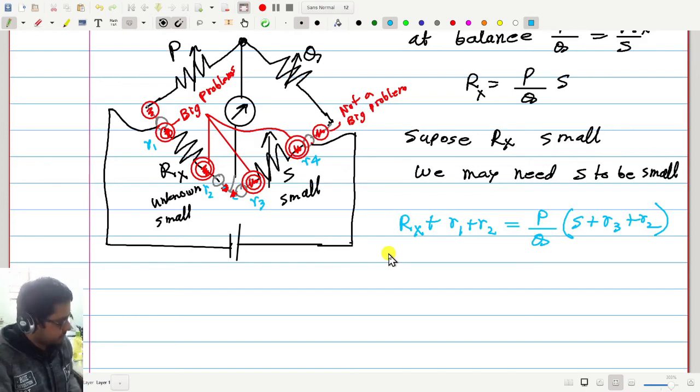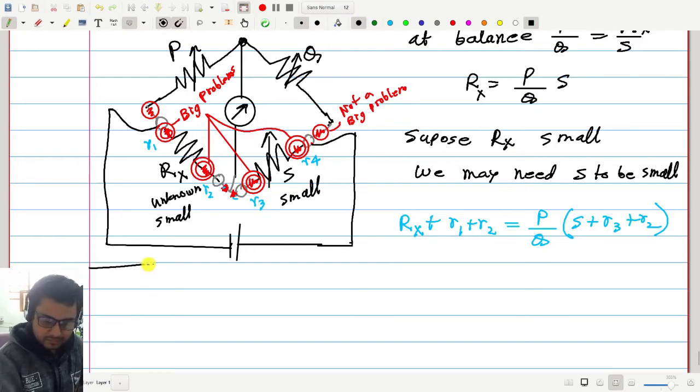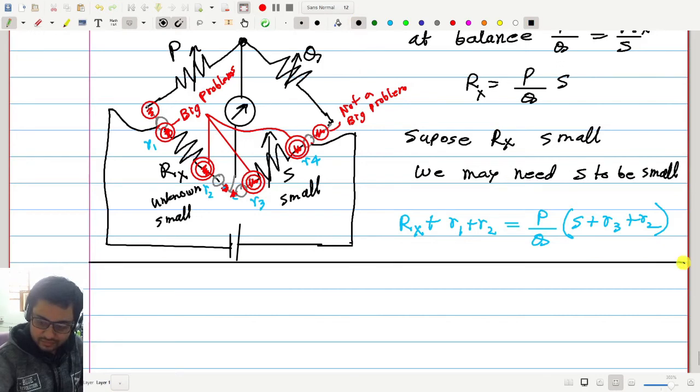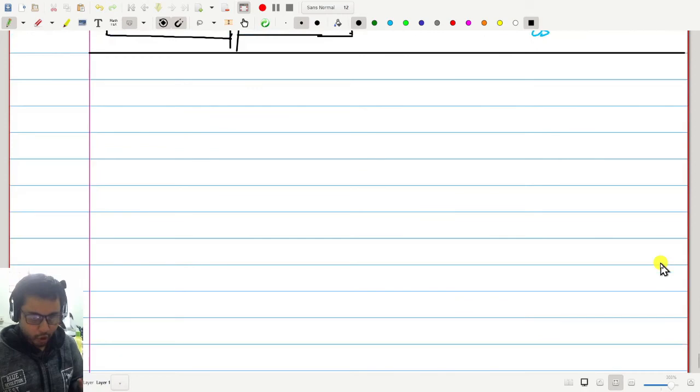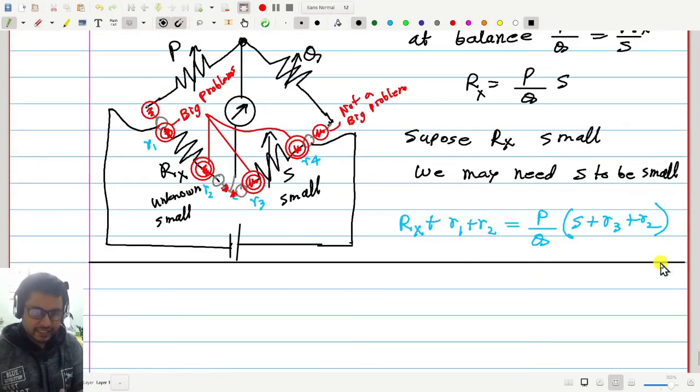Do you agree? Anyone who does not agree, anyone who has a counter argument, counter logic? Okay, fine. So this is the problem.